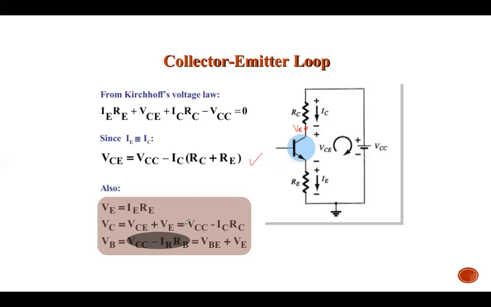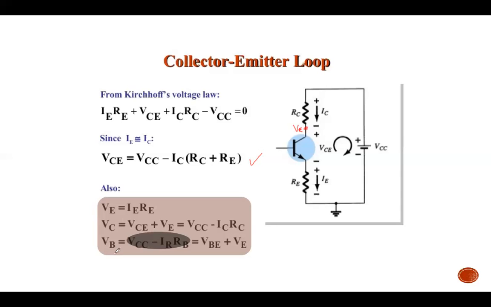If you want to calculate VC, VC is from this point to ground. So VC is VCE plus VE, where VE is the voltage across RE. This can be simplified, and if you use KVL, you will get VC equals VCC minus ICRC.